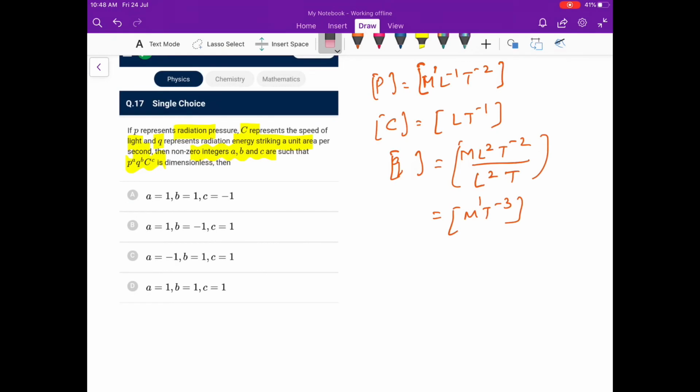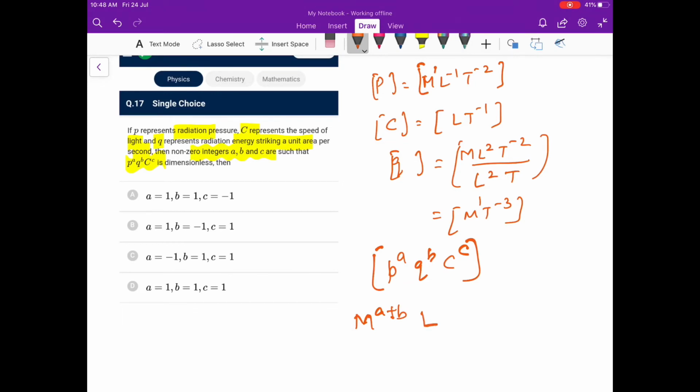Now you need P to the power A, Q to the power B, C to the power C to be dimensionless. So if I check for M, it is M to the power A, Q gives M to the power B, and for C there's nothing, so M to the power A plus B.